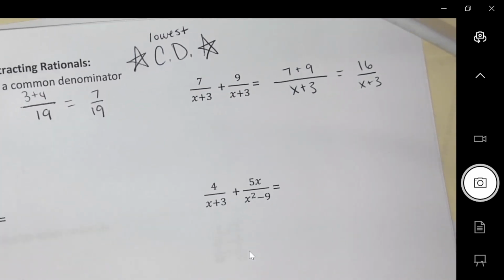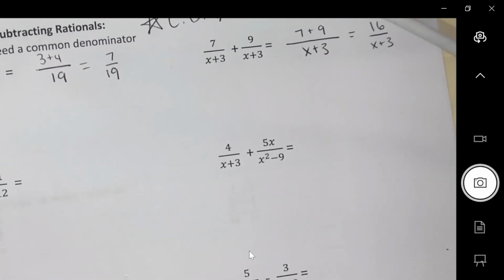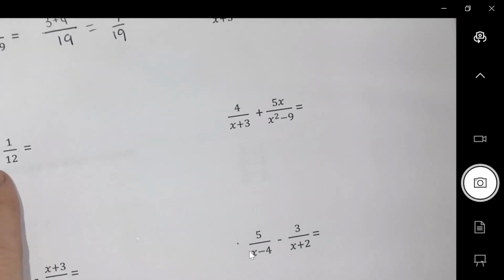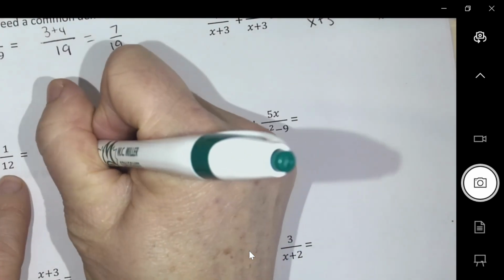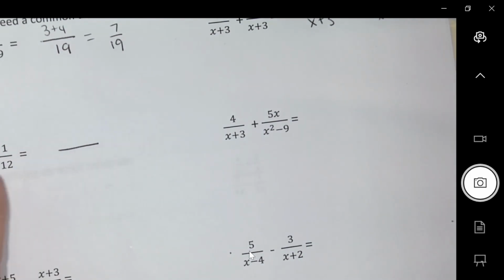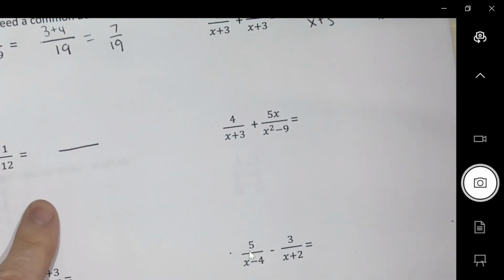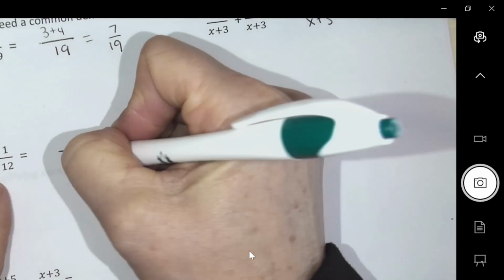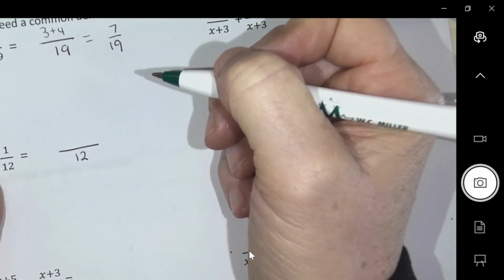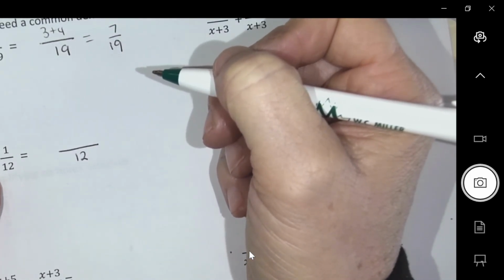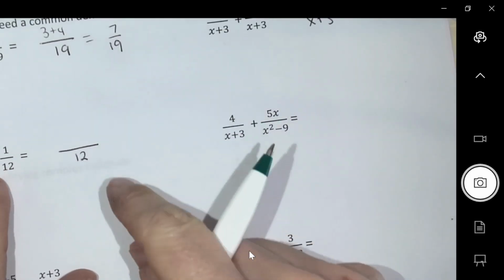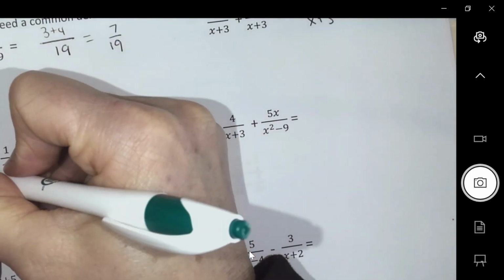Okay, now the next example is a little bit of a step up. So there's a 4 here and a 12 here, so I'm going to pick what everything would fit into. 12. Okay, so the 4 would have to get multiplied by 3.